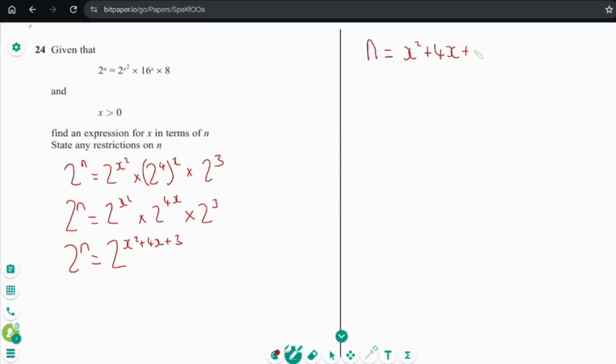Okay, what do I need to do now? I need to find an expression for x in terms of n, state any restrictions on n. So for x, I need to make x the subject. How do I do that? This is similar to an inverse function when you've got a quadratic. I need to complete the square. That's the only way to make x the subject here. So plus 2, because that's half of 4.